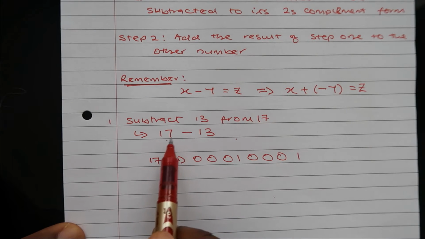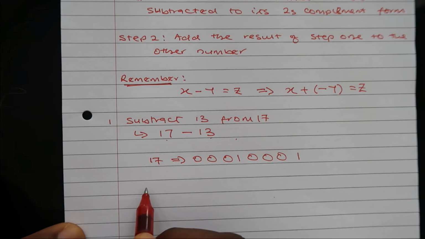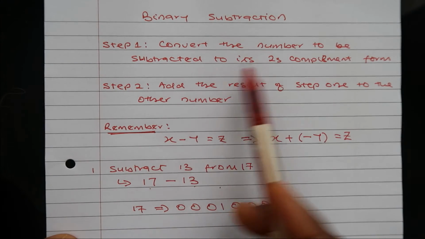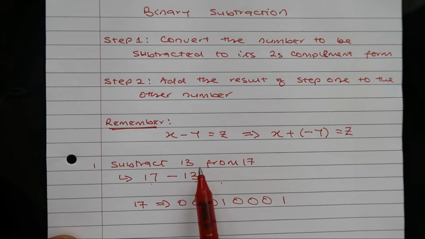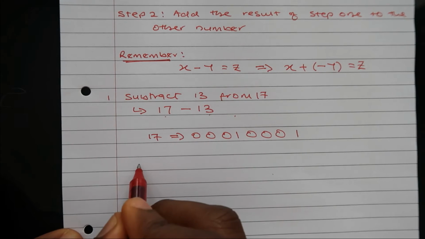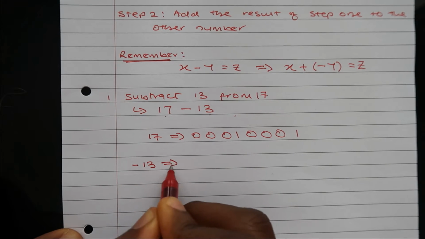Now, for minus 13, we will need to represent it. In step 1 we said convert the number to be subtracted, so minus 13 has to be represented in its 2's complement form.